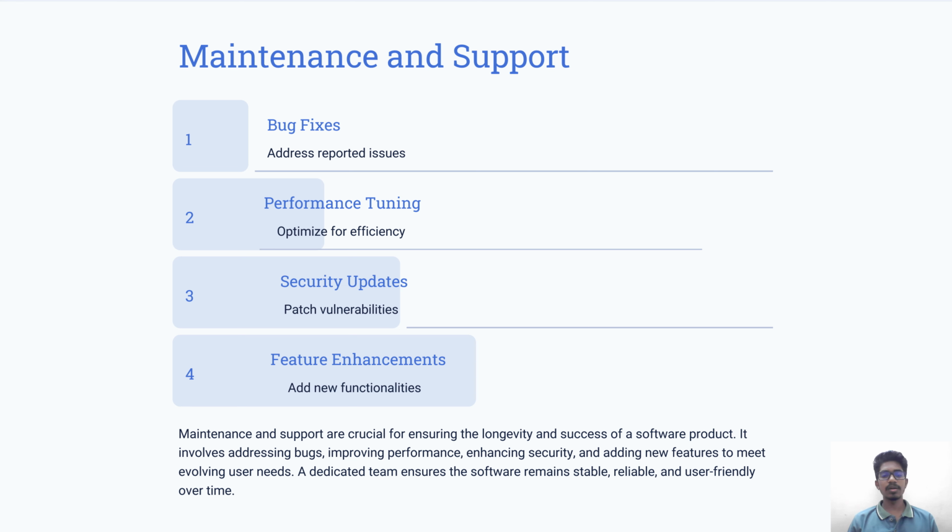Maintenance and support are crucial for ensuring the longevity and success of a software product. It involves addressing bugs, improving performance, enhancing security, and adding new features to meet evolving user needs. A dedicated team ensures the software remains stable, reliable, and user friendly over time.